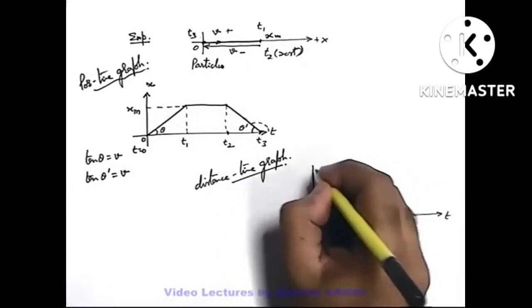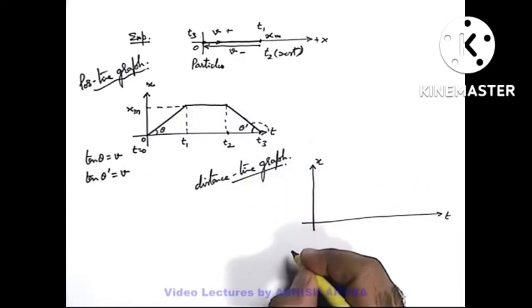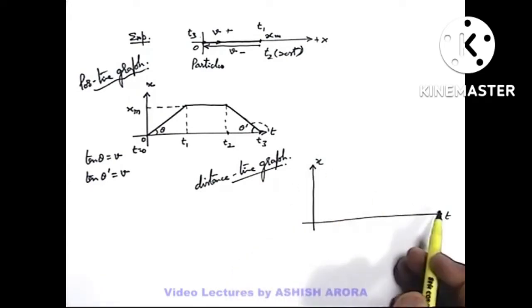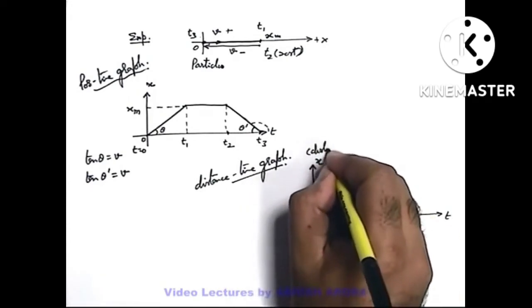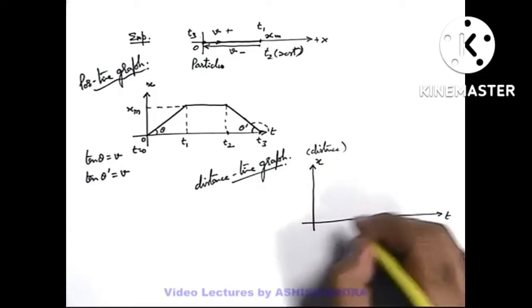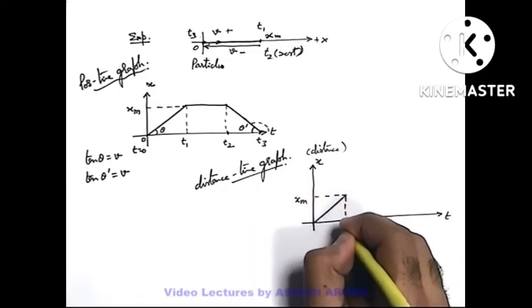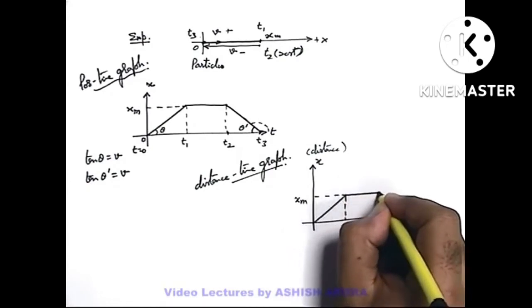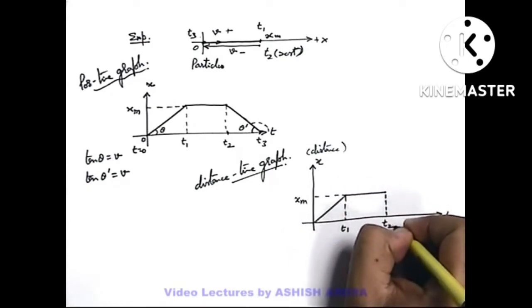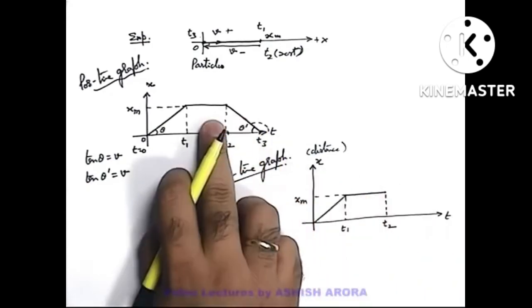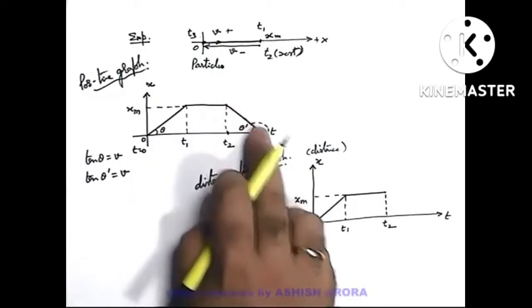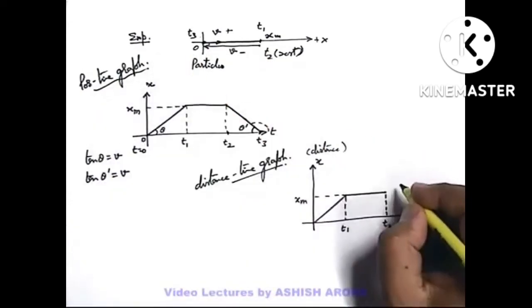The only difference in position time and distance time graph is that the distance time graph will never come down. It will first increase to a position of xm for a time t1, then it remains at rest up to a time t2, and then again it returns back. But if we talk about position, it is coming down, but if we talk about distance, it is still increasing.